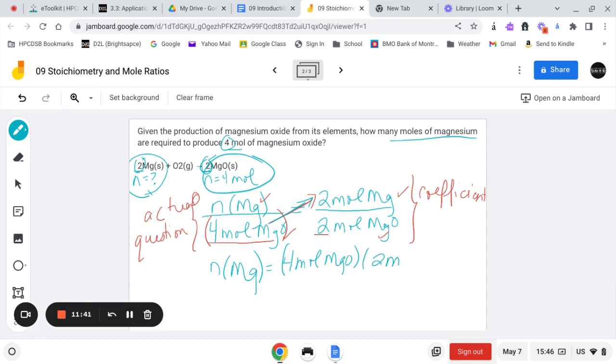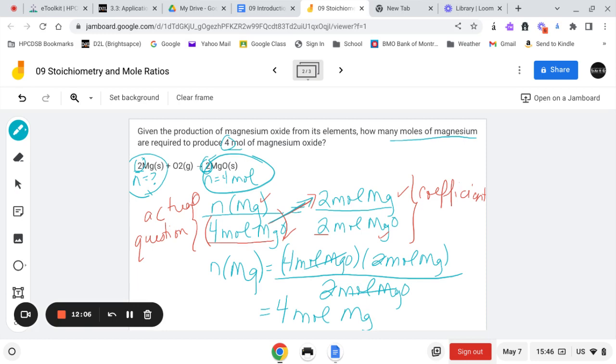I multiply by 2 moles of magnesium, and then I divide out by 2 moles of magnesium oxide. And what we see happening is that my moles of magnesium oxide cancel because they're over top of each other. They're divided out. Those 2's actually cancel out. So I end up with an actual value of 4 moles of magnesium.